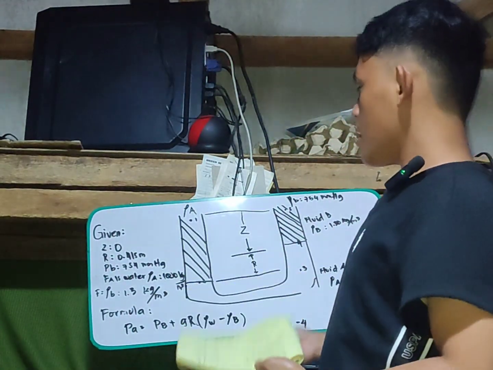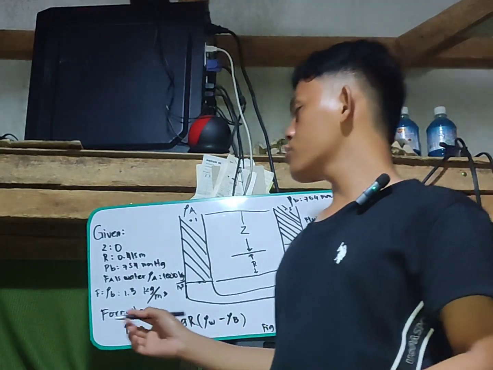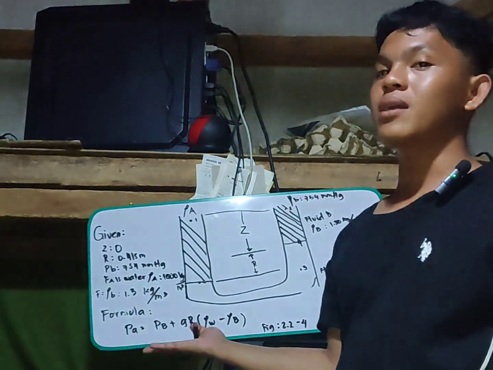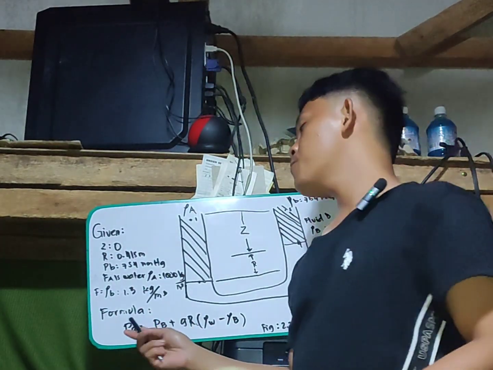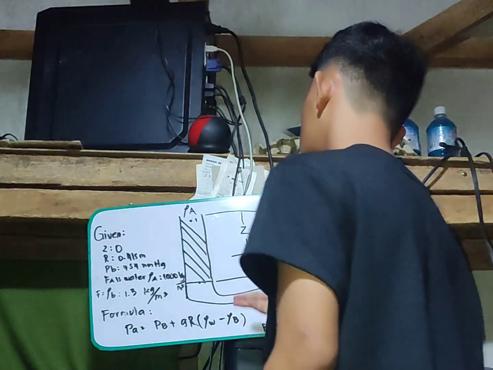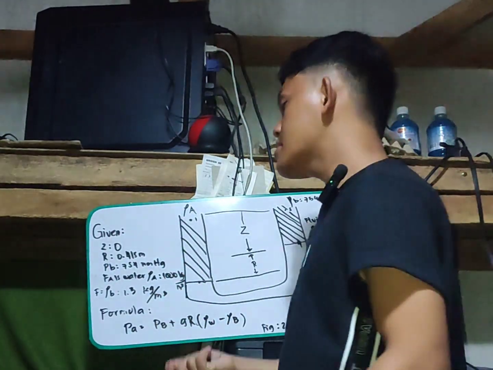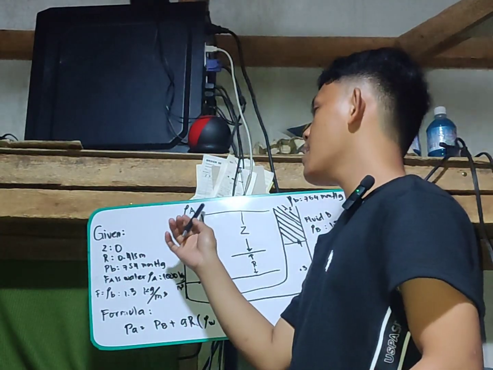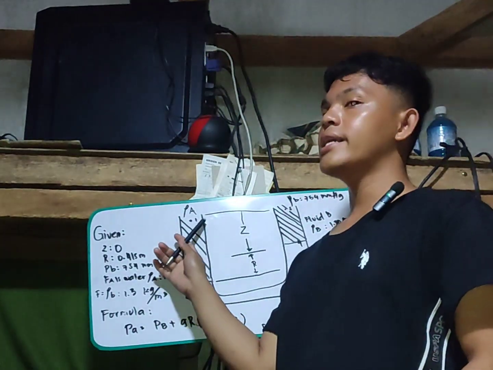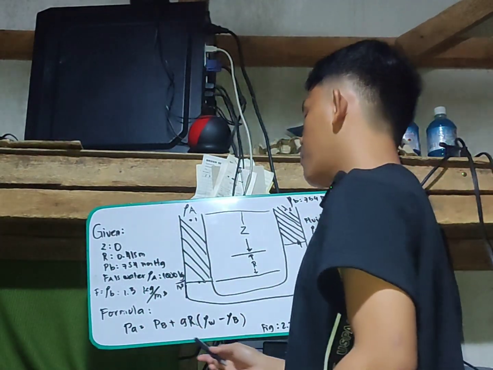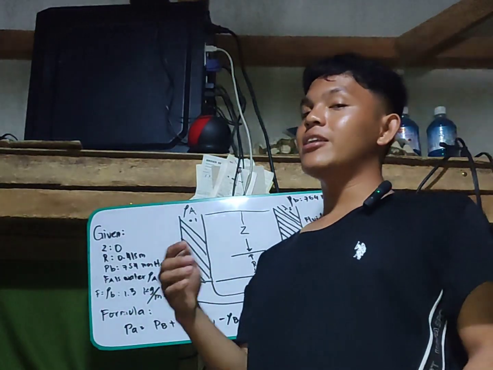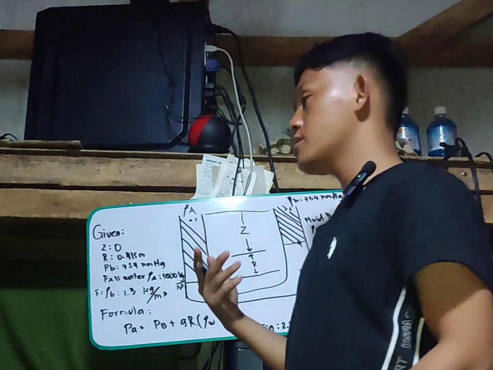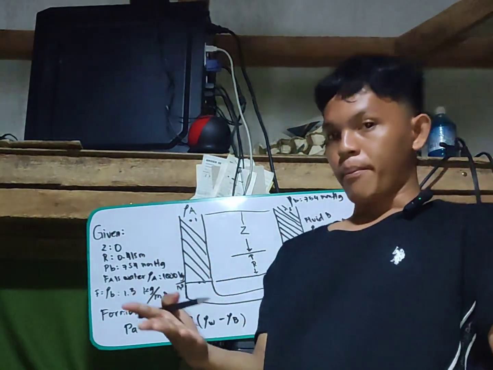So, I also provide here the formula. Our formula that we are going to use in this problem is, kasi di ba ang hinahanap natin is the air pressure, ito ang hinahanap natin. By using this formula, we can easily get the answers on this problem.